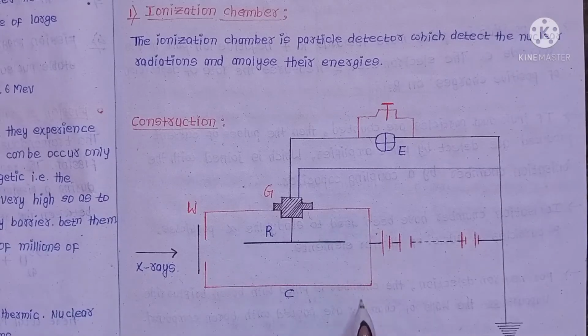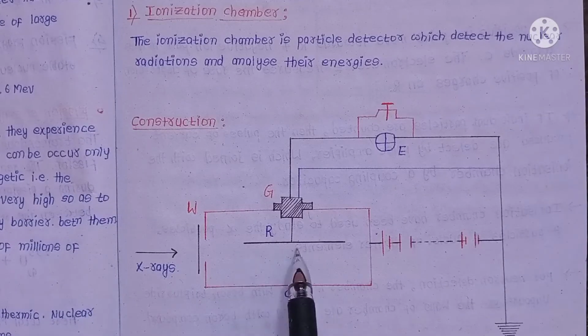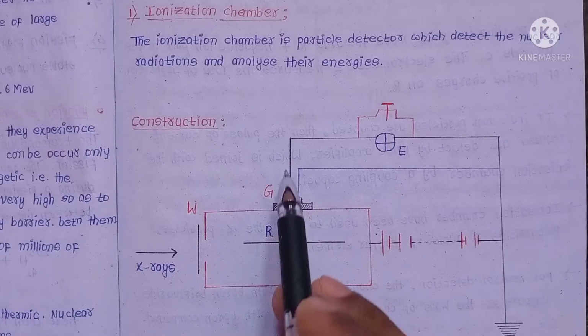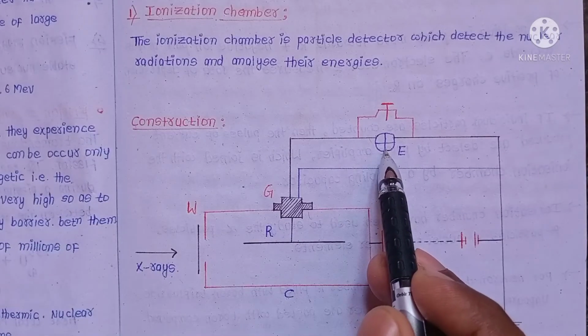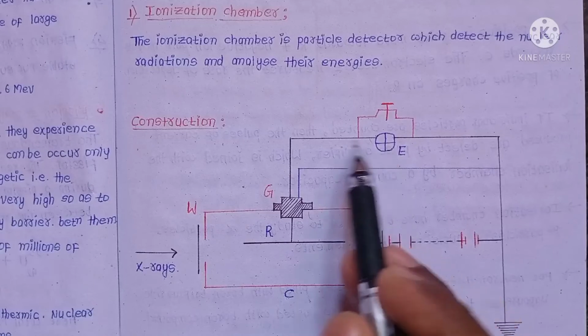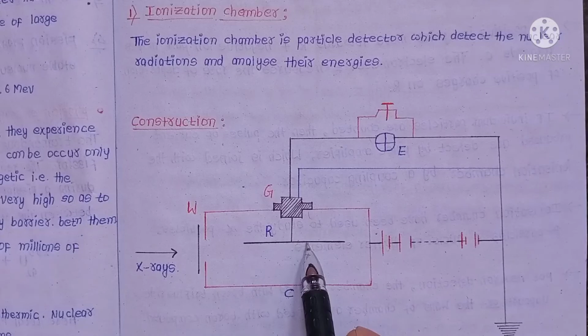One end of this hollow metallic cylinder is closed and the other end consists of a window W, which is open to allow the radioactive radiation to pass. Next, the metallic rod R is insulated inside this metallic cylinder C, and it is connected to the electrometer E, whose role is to measure the rate of deposition of the ions which will deposit over this metallic rod R.